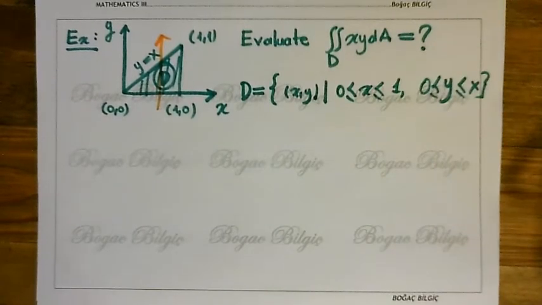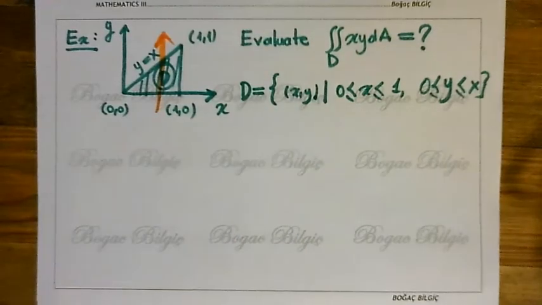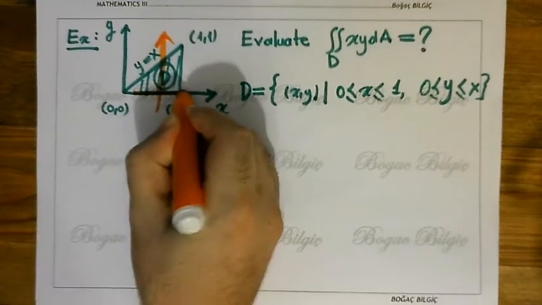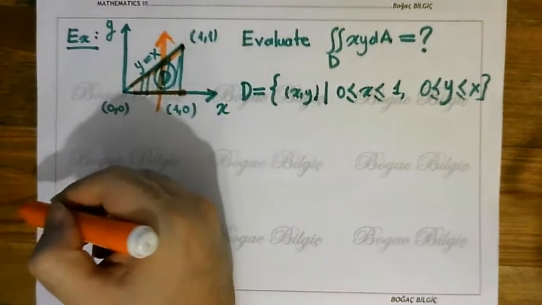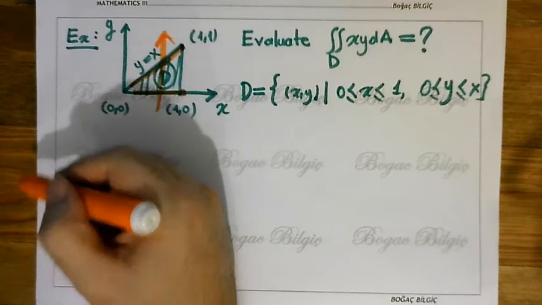Observe that if we integrate over a y simple region, we integrate with respect to y first. The appropriate limits of integration can be found by drawing a vertical arrow. The arrow begins at the lower boundary, y equals 0, and terminates at the upper boundary, y equals x.